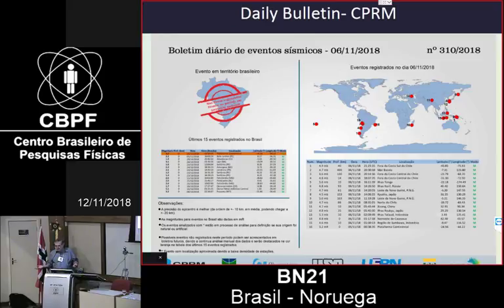But the events in Brazil are normally very small magnitude. Well, the last one that was over 4 was in 2016 in Maranhão, was it? So you don't have very big events. But you can have big events, and if that happens in populated areas, it can be a problem.